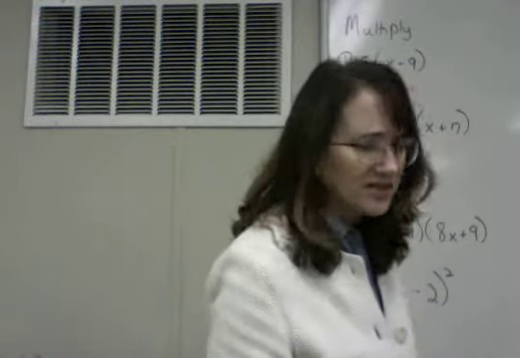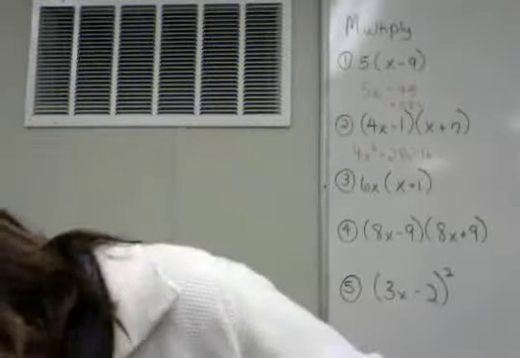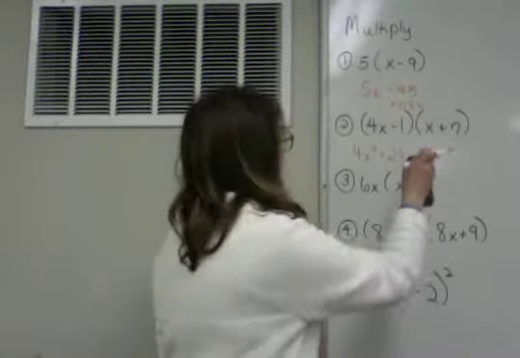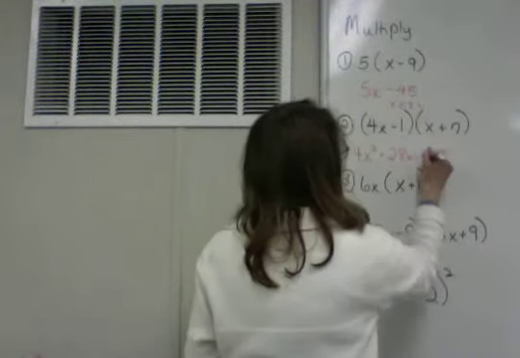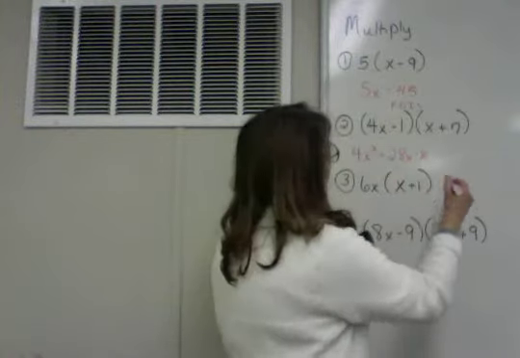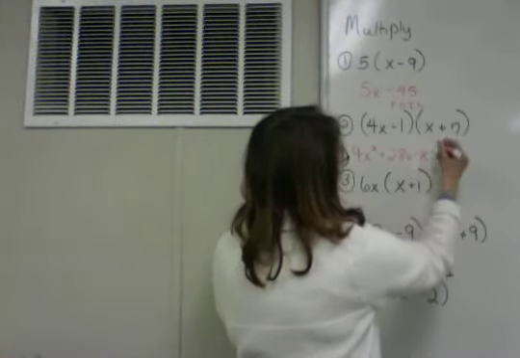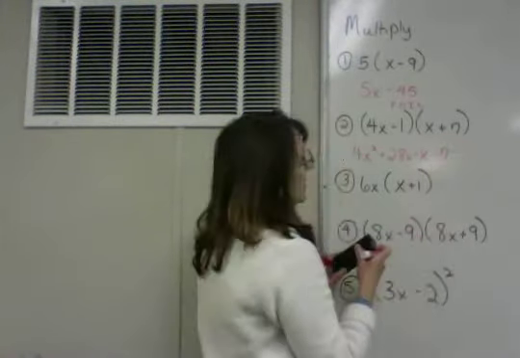And then finally multiply the last term, that'll be a negative 7.